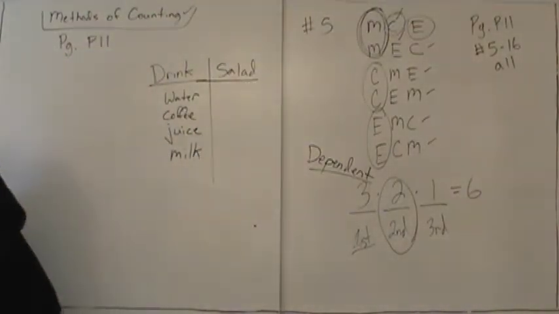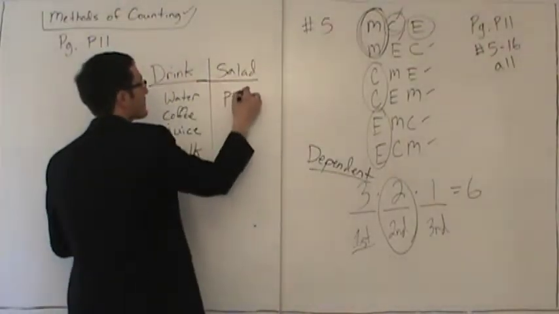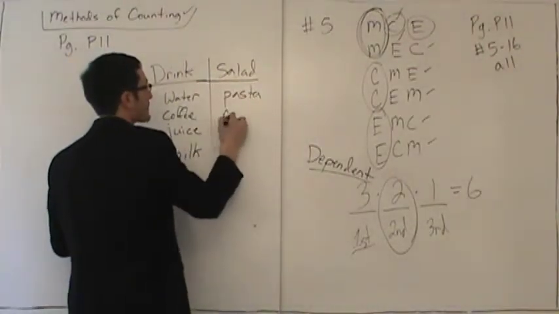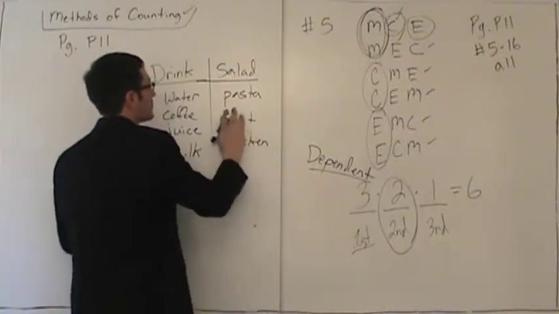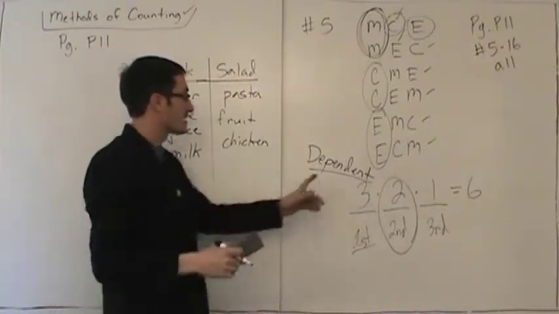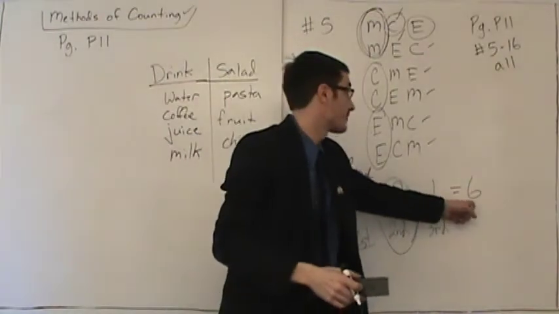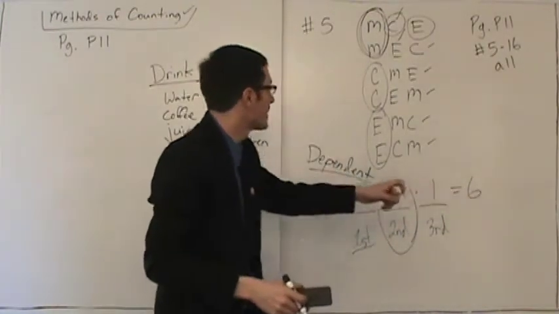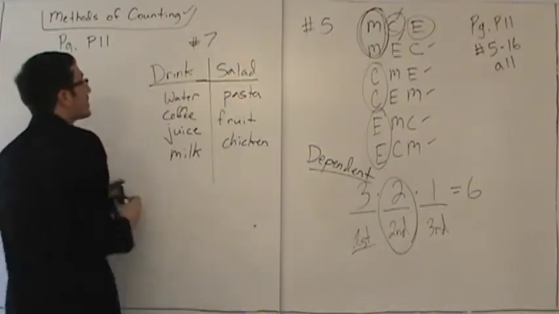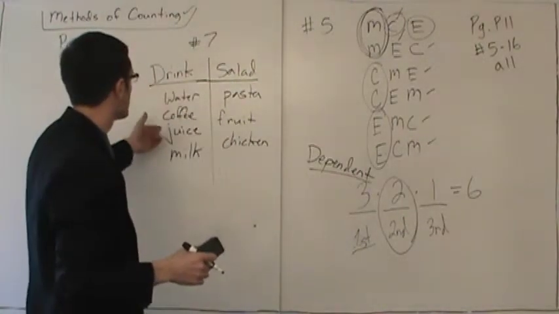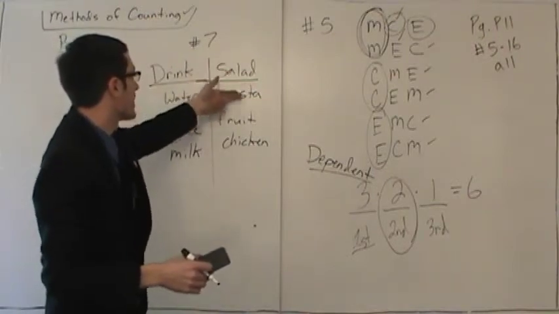For your salad options, you have pasta, fruit, and chicken. Now, what you guys are doing is calculating the number of possibilities. In problem number 5, we had 6 options, and then you wrote independent or dependent. This is question number 7, so drink and salad.